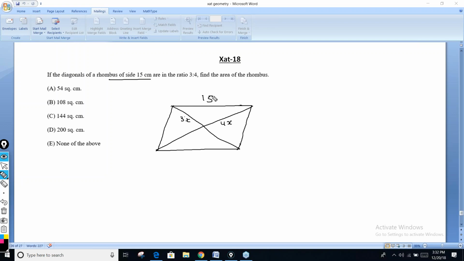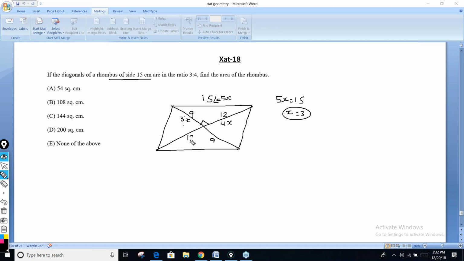And the side is given as 15. And this is 90. So this is a right angle triangle, and the ratio is 3, 4, 5. So here this side will be 5x, and 5x denotes 15. So x is 3. If x is 3, this part will be 9, this part will be 12.